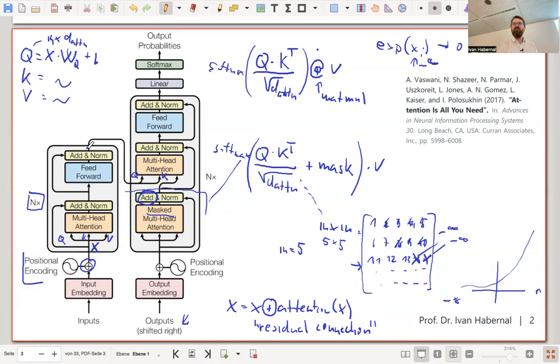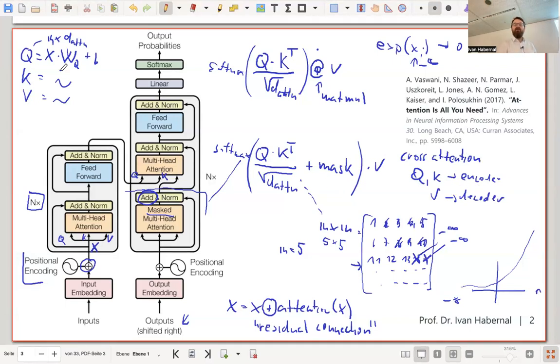That's why it's called cross attention. How does it work? Let's say we would have, I'm running out of space now. Well, anyway, in the cross attention, the Q and key are from the encoder, and the value is from the decoder.